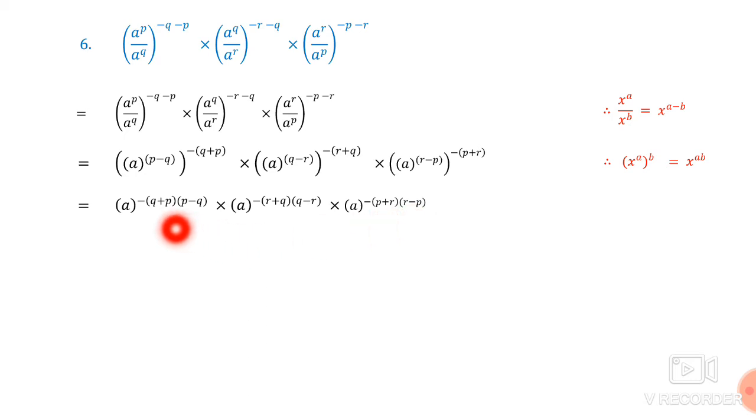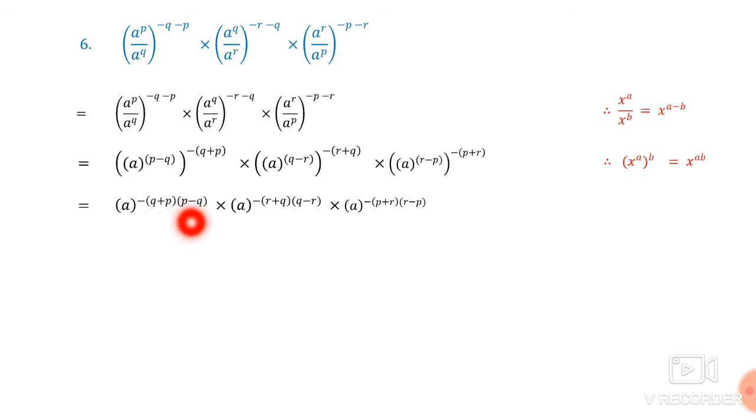Here we can see that a formula can be applied. The formula which says (a minus b)(a plus b) is equal to a square minus b square. We can apply this formula on the exponents. According to the formula this will become a exponent minus, and in the bracket we have p square minus q square, not q square minus p square.